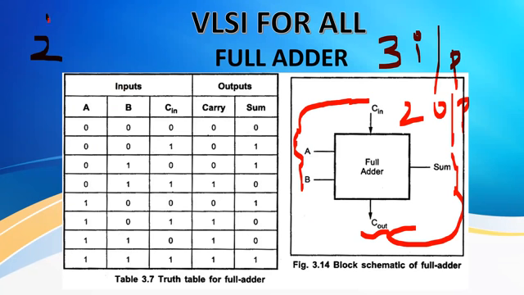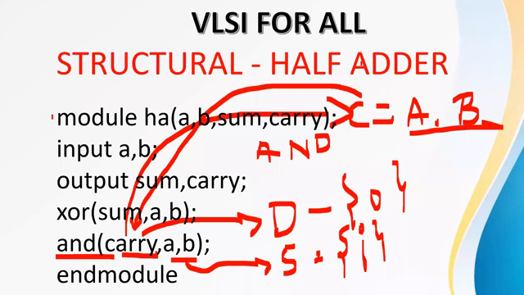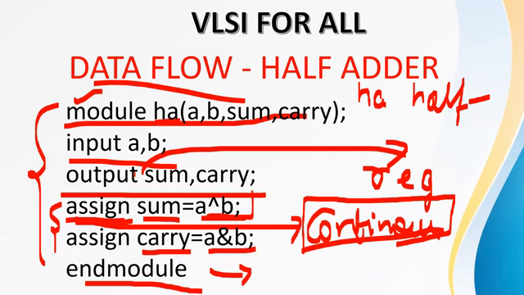Can I ask you a question? Sure. You showed the three ways of coding, right? What is the difference? In which situation do we use these different types of coding? Based on your requirement, whether you want to deal with gates, structural, or data flow. Sometimes you will use data flow.